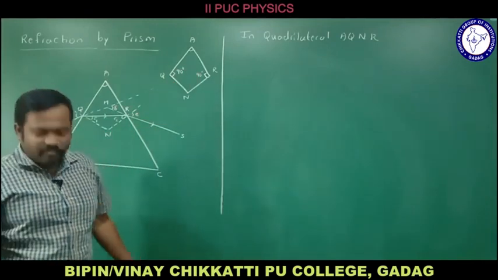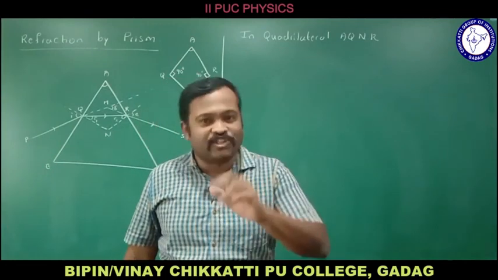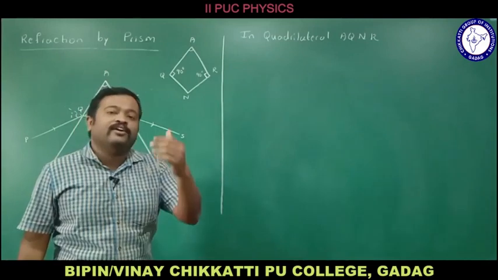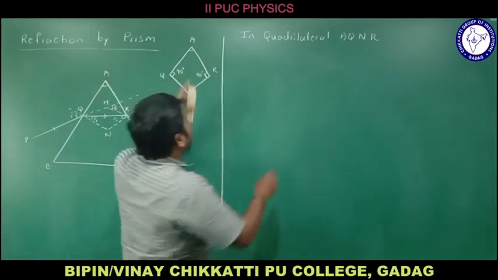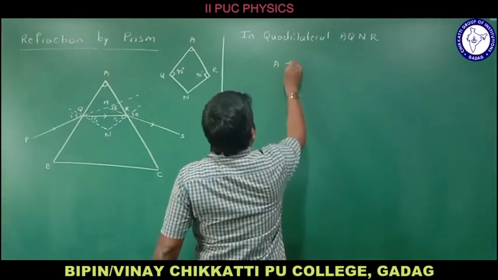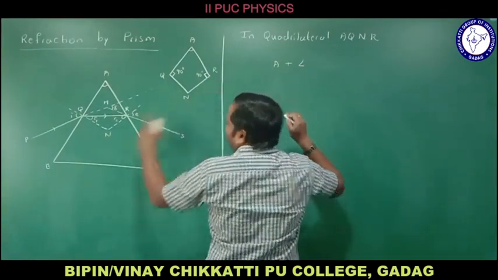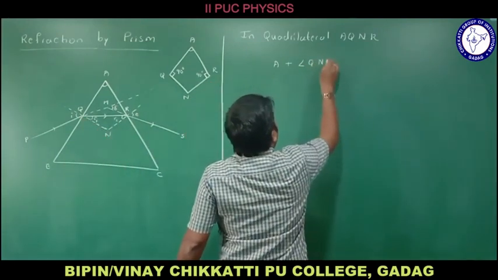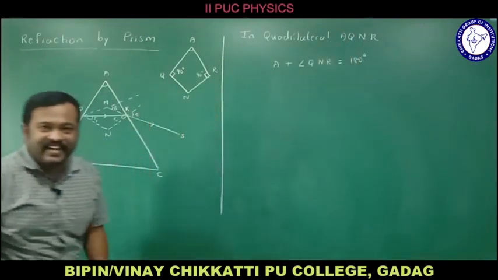In this quadrilateral, we know the sum of all the angles is equal to 360 degrees. Already we have 90 plus 90, that is 180 degrees. How much angle is remaining here?